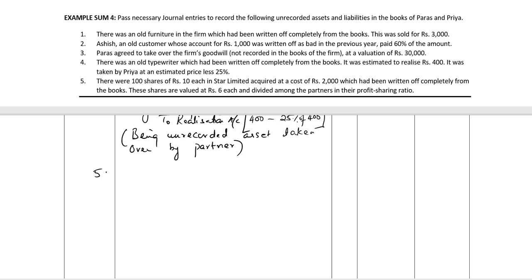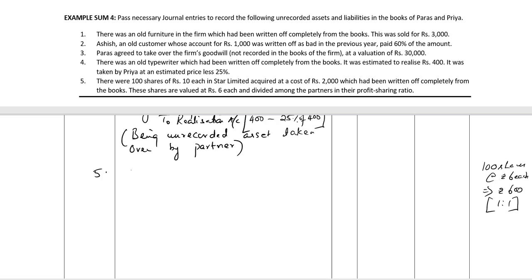So the total value of the shares is 100 shares at 6 rupees each, comes up to rupees 600. This needs to be divided among the partners Paras and Priya in profit sharing ratio. Nothing is given, so we assume it's 1:1.